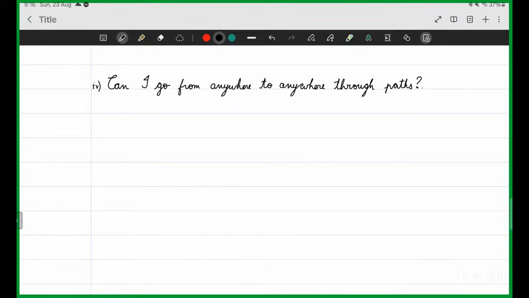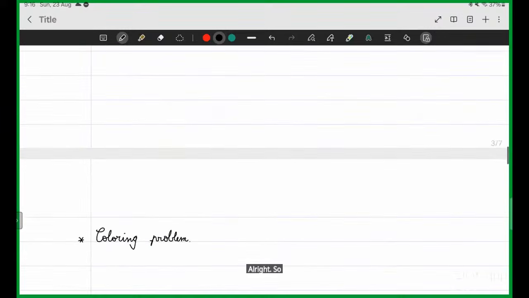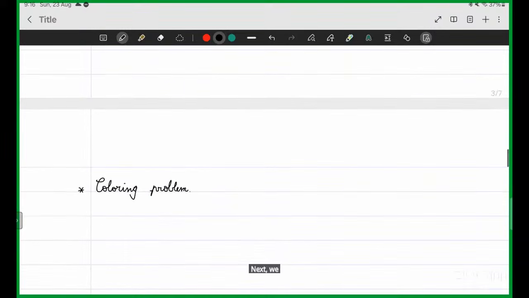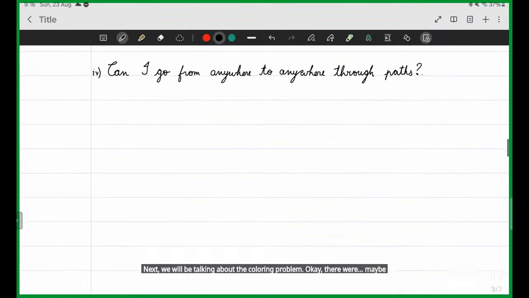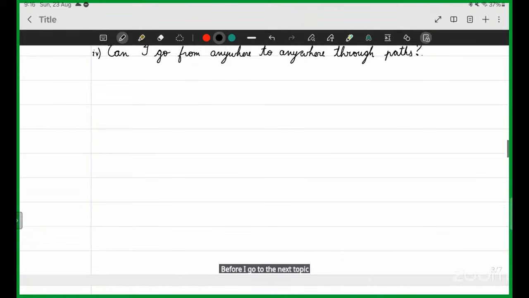So next we will be talking about the coloring problem. Were there doubts before I go to the next topic? Sir, does the path mean my favorable edge? Could you repeat that? What's a favorable edge?